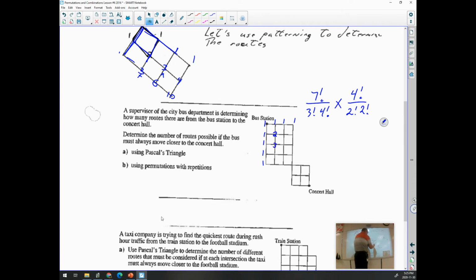There are 3 to get to here, 4 to get to here, 5 to here, then 3, 6, 10, 15. So again, we are using the patterning we developed in Pascal's triangle and adding these up to get the number there. And the same thing here: 4, 10, 20, 35, so that number there is 35.